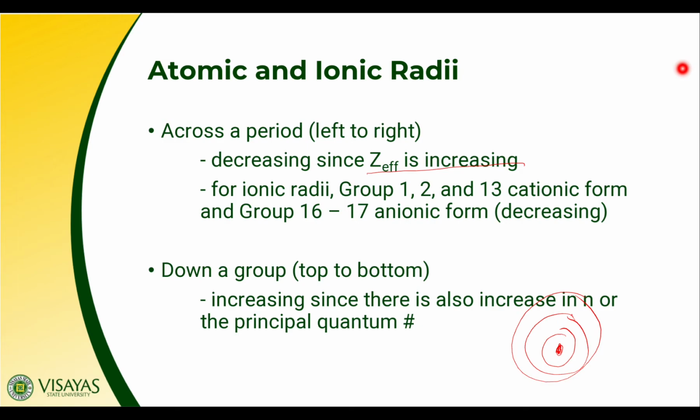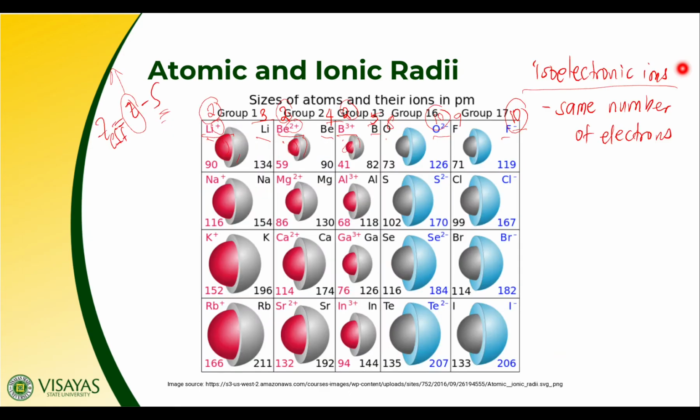Because of this, the size of the atom or the ion increases. So it's the repulsion of the electrons which increases the size of the atom or the ion from top to bottom. Okay, so you can see here their sizes increase from top to bottom, going down a group.